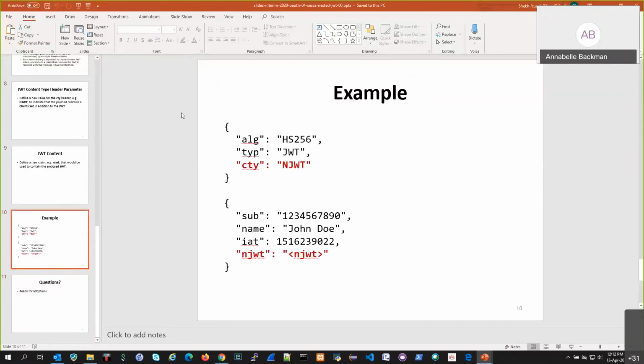The njot claim only tells me that the value of this claim is a nested JOT, but it doesn't tell me anything about what that value means or what it represents, which is not really what we use claims for, right?